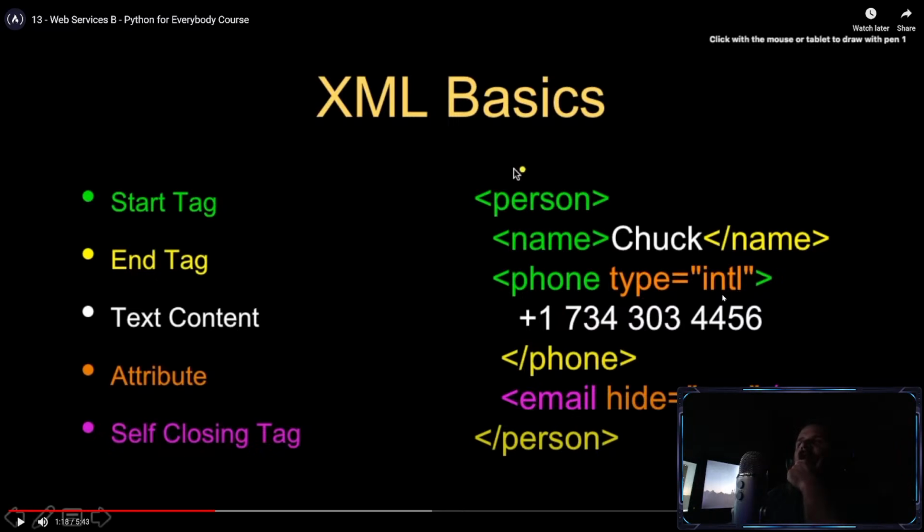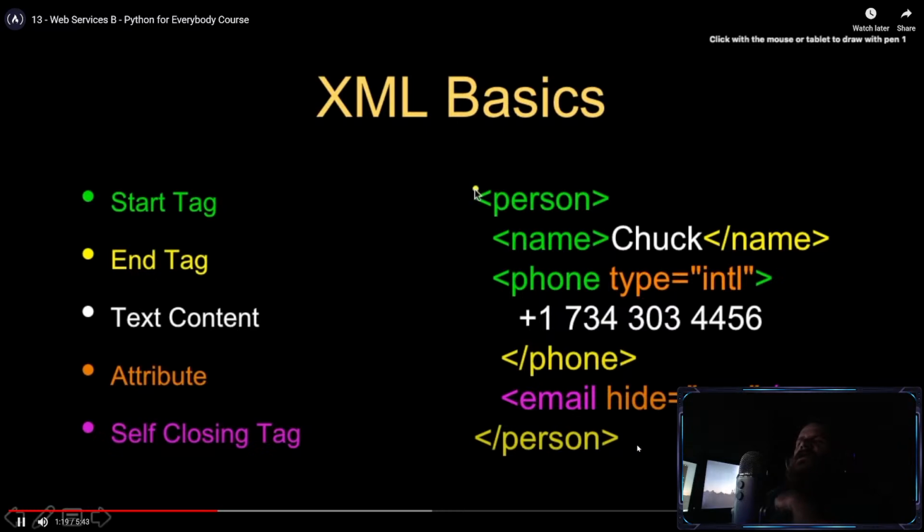Don't know what INTL stands for, and then that's the actual data, the text content, that's the end tag. Self-closing tag, what the heck is that? It closes itself, that's the type, or the attribute, excuse me, that is the end tag.